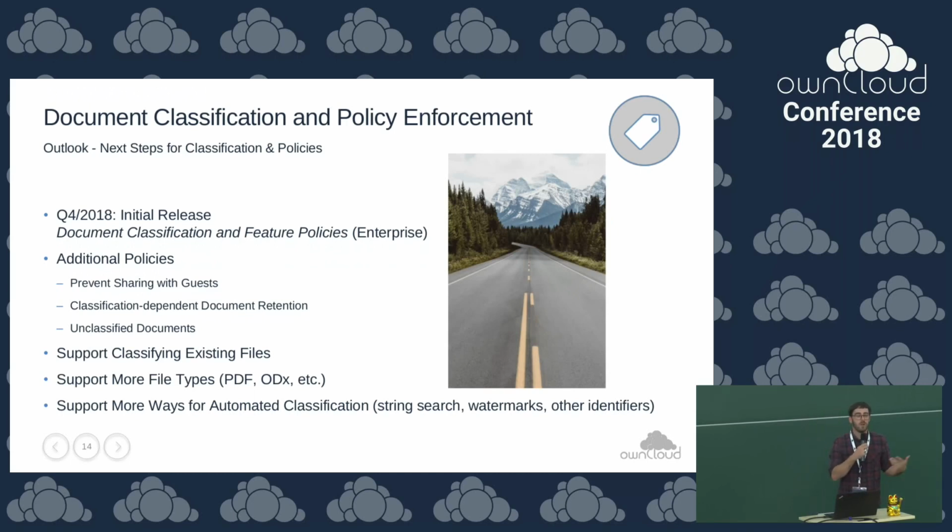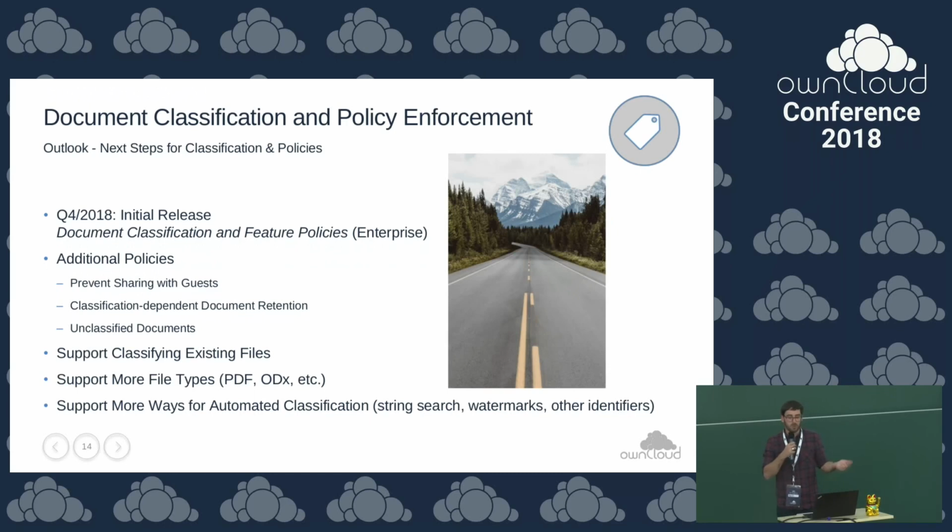Also, you're limited right now with the first release to Microsoft Office formats. Of course, companies are dealing with many more formats like PDF or also open document formats. These will need to be extended in the future. And also, which is quite interesting, we're looking into integrating, for example, an Elasticsearch server that indexes the files, and then you could have certain identifiers, like email addresses in the document, just as an example, or any other thing like watermarks, to classify documents based on that.